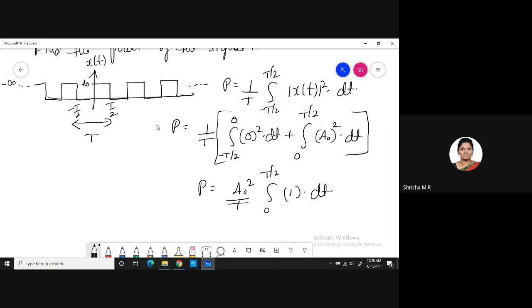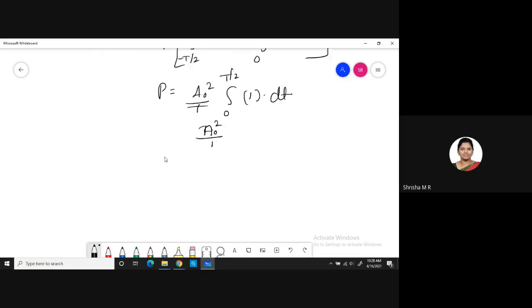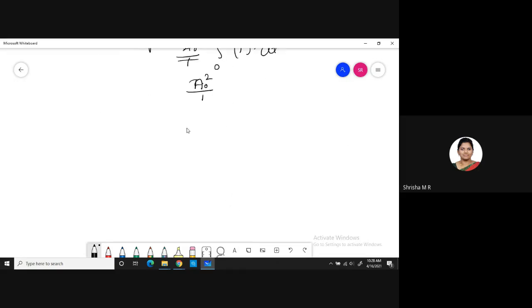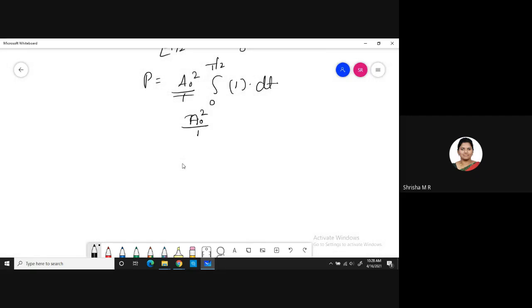If you integrate that, you get T. So A naught square by T into T with limits 0 to T by 2.